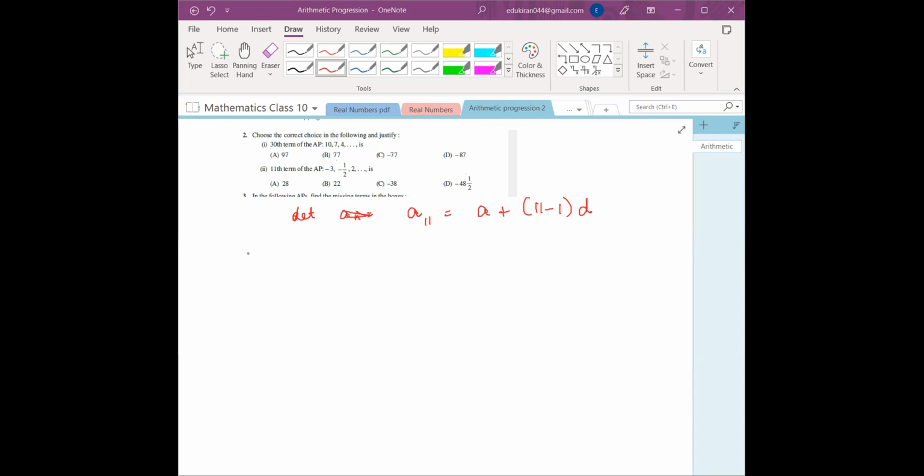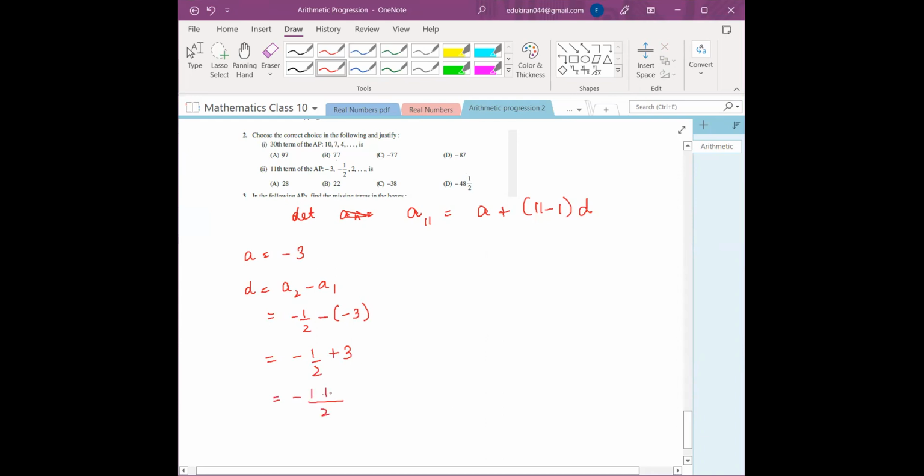Here I'm also solving. a is minus 3 and d is a2 minus a1, which is minus half minus minus 3. So minus half plus 3, this will be 2 minus 1 plus 6, so this will be 5 by 2. So a is minus 3 plus 11 minus 1 is 10 into 5 by 2, which is minus 3 plus 25, which is 22.